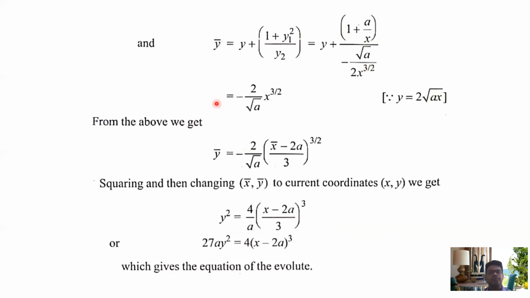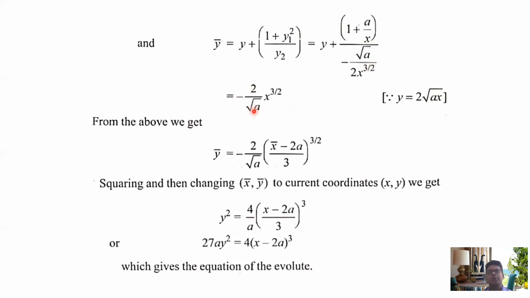Similarly, y bar is equal to y plus 1 plus y1 whole square by y2, divided by minus root a by 2 x to the power 3 by 2. So after simplification, what we have?